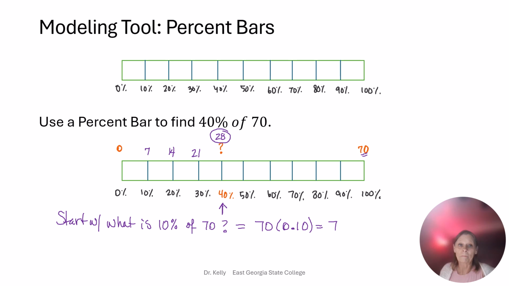Okay. Another way you could have done it is you could have said, well, half of 70 is 35, and then subtracted 7 from it.